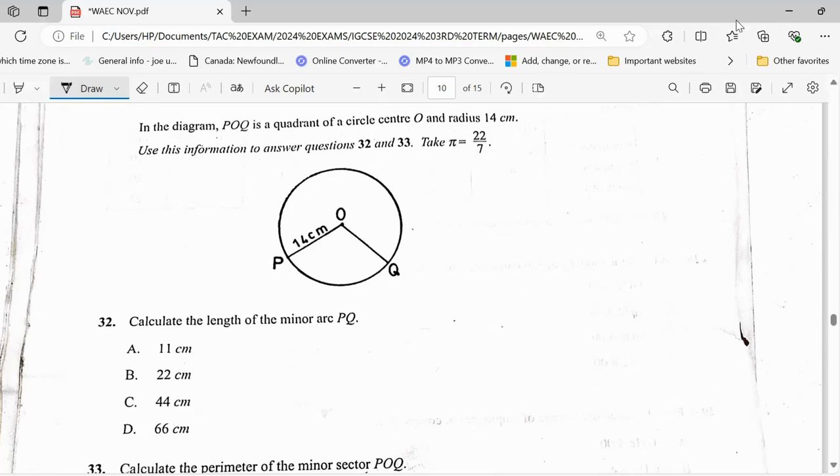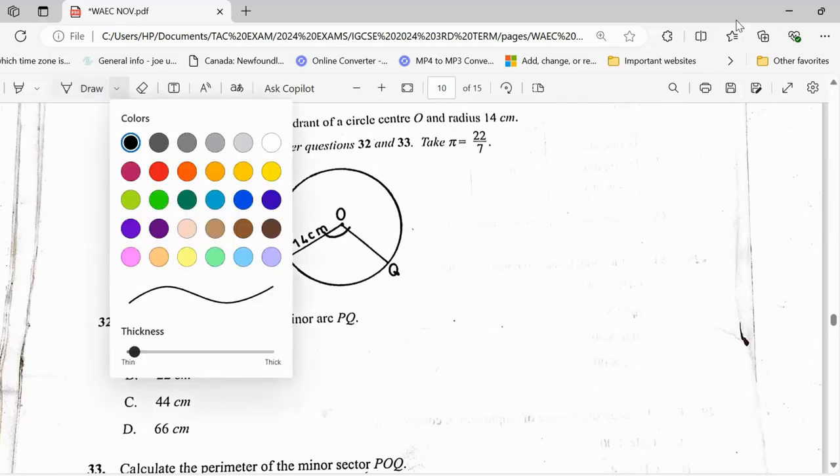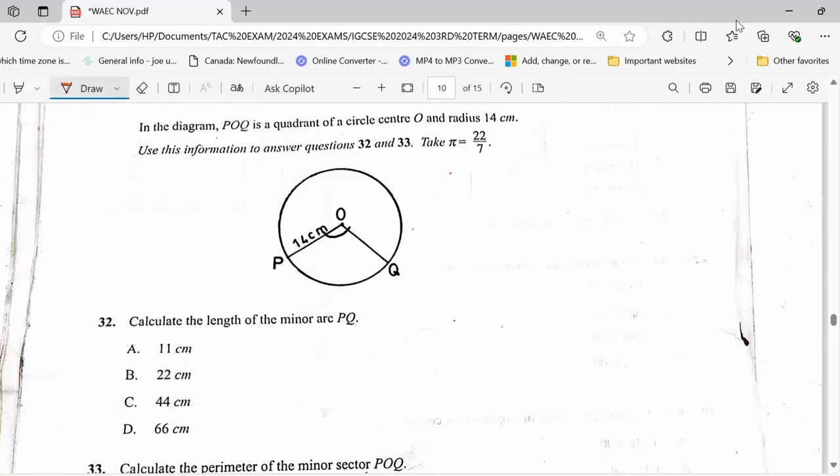Use this information to answer questions 32 and 33. Take pi equals 22/7. Bear in mind that we are told that the sector is a quadrant.